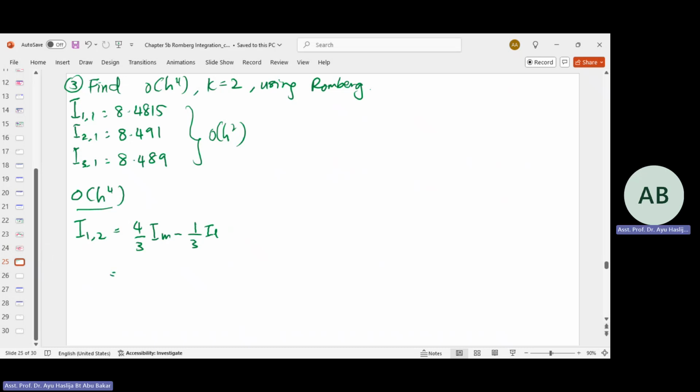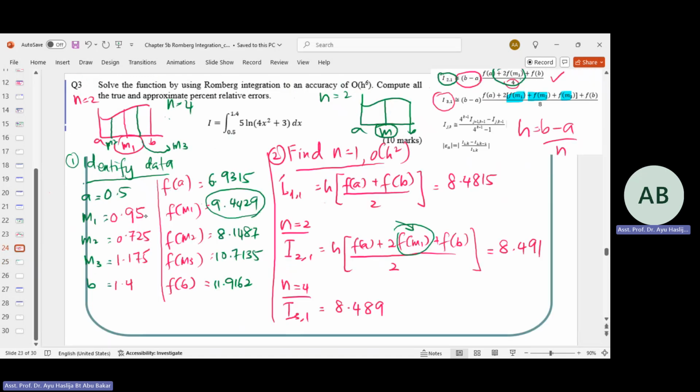Okay, more accurate is I21. Okay, I will advise you once you get the level 1 data to sub into the table that we did earlier.